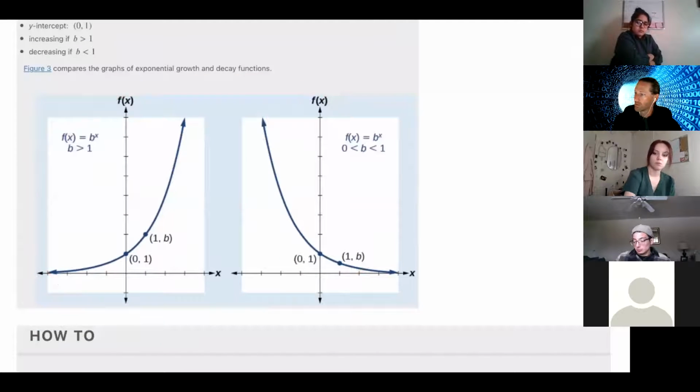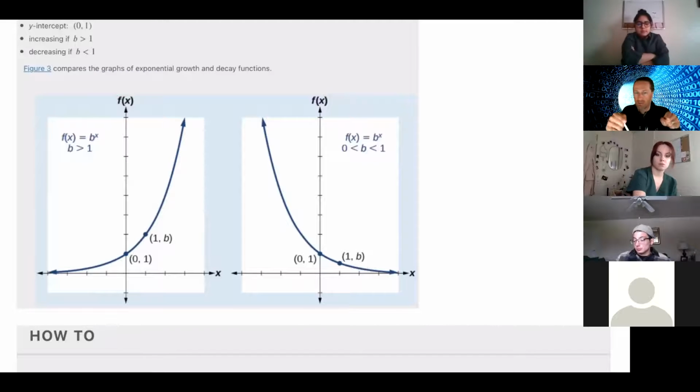These are our two options. And of course, just like we did last unit, what are we going to do with these two graphs? We're going to pick them up and move them around. We can stretch them, right? We can condense them down. All those different things that we talked about last time.